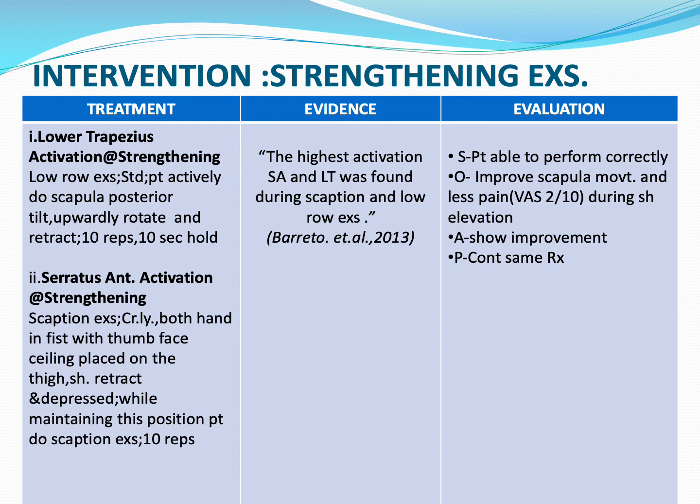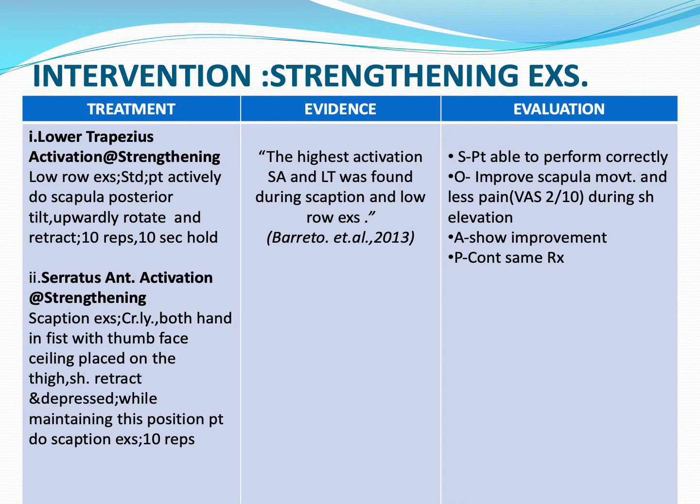And the third intervention, I gave strengthening exercise. Because this patient has poor lower trapezius and serratus anterior control, I taught two exercises. The first is a lower trapezius activation exercise, where I taught the low row exercise in order to activate the lower trapezius muscle.